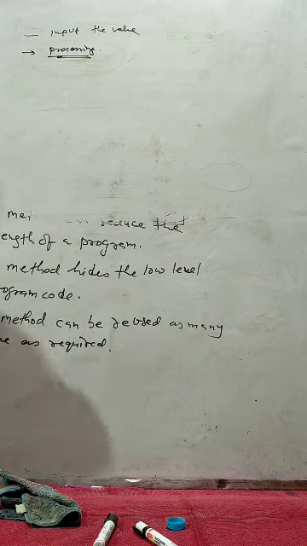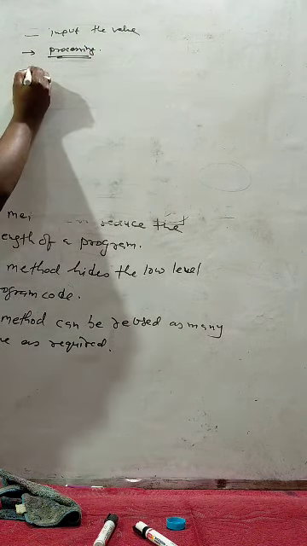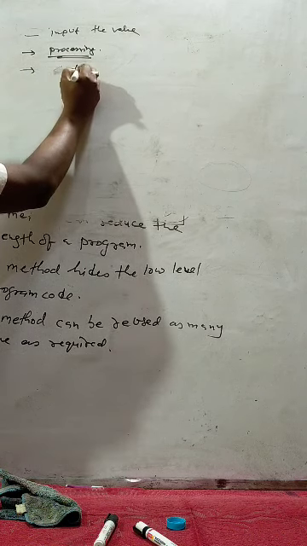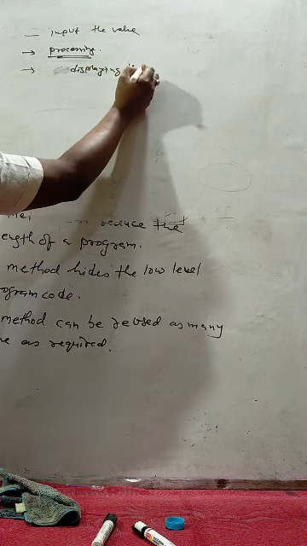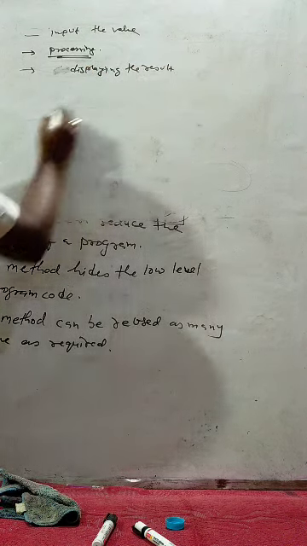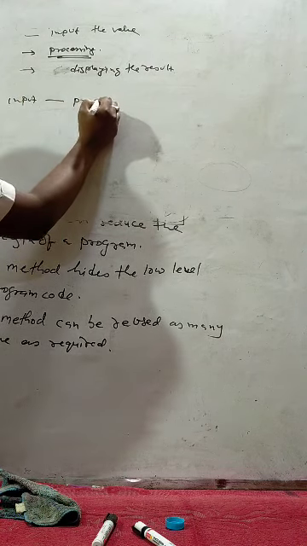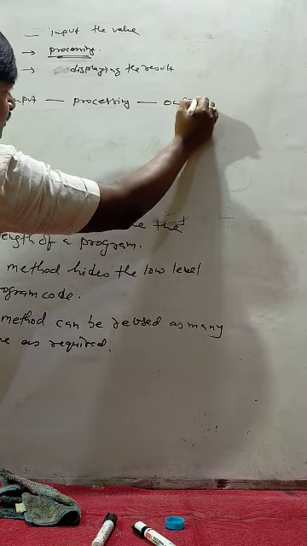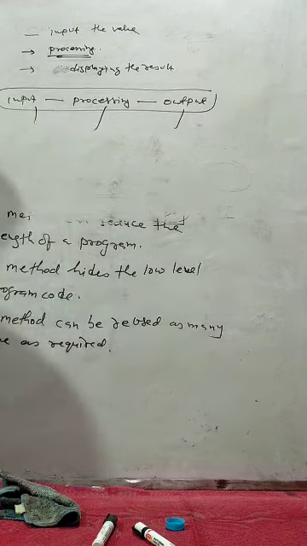Processing means why this value is entered here. Third one is displaying the result. Means one is input, then processing, and then output. These are the three basic works of a program.